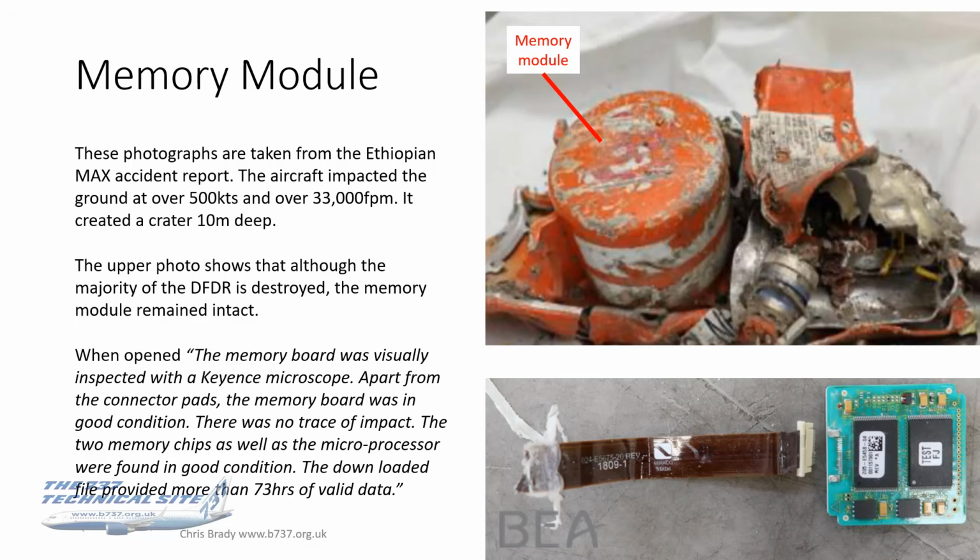Apart from the connector pads, the memory board was in good condition. There was no trace of impact. The two memory chips as well as the microprocessor were found in good condition. The downloaded data file provided more than 73 hours of valid data. So it worked. This was well over the design criteria for impact G, and it survived with very, very usable data.